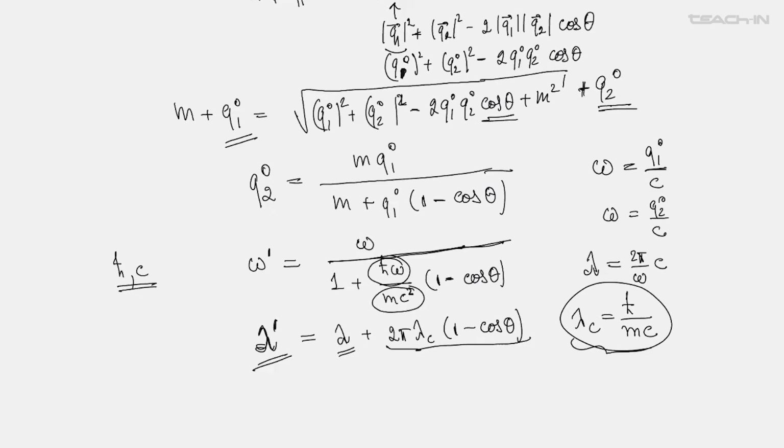And you see it's solely based on the conservation laws of energy and momentum, and on the dispersion relations for the electron and for a photon. So it's a classical formula which describes this wavelength shift. Okay, is the derivation of this formula clear? That's an important formula in the Compton effect.